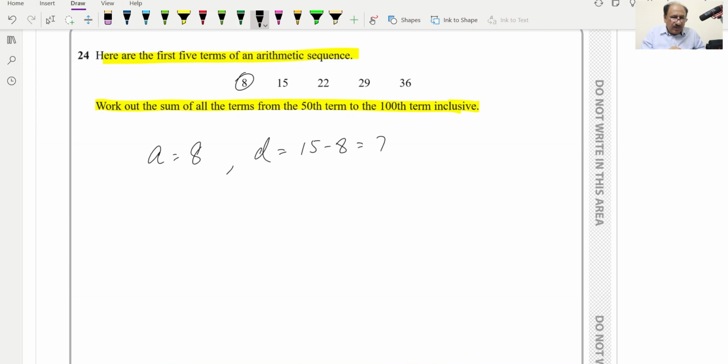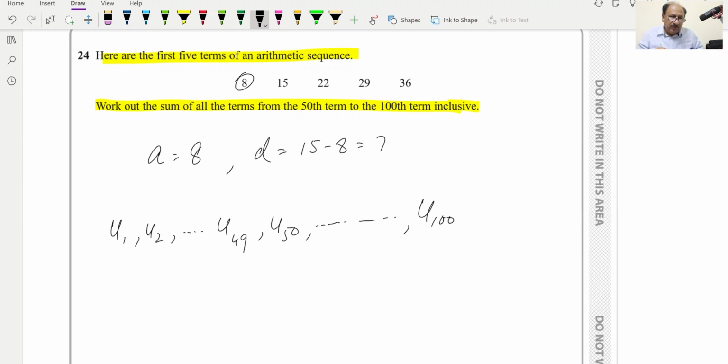And if we write the sequence, for example u1, then u2, and so on, then u49, u50, and so on, and then u100. So these are the terms which we can write.